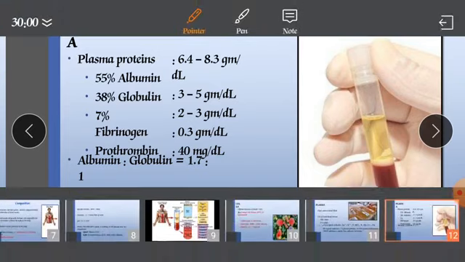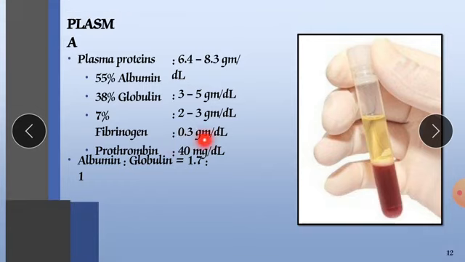Fibrinogen is 0.3 gram per dl. This fibrinogen is a large protein and plays an essential role in blood clotting, because as I told you, fibrinogen is one of the clotting factors. This fibrinogen gets converted into fibrin. And what is fibrin? Fibrin is the insoluble form of the protein and it is responsible for the formation of the clot, the formation of fiber.